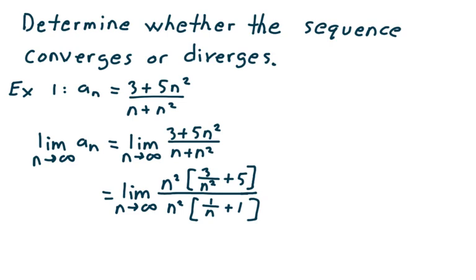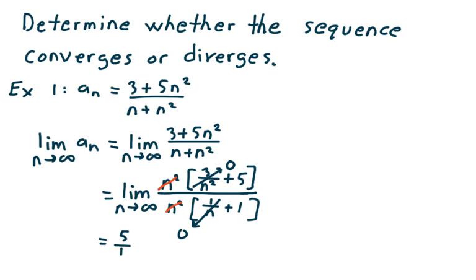So if you notice, the n squareds cancel. As n goes to infinity, 3 over n squared goes to 0, and 1 over n goes to 0. And so what we have left is 5 over 1.